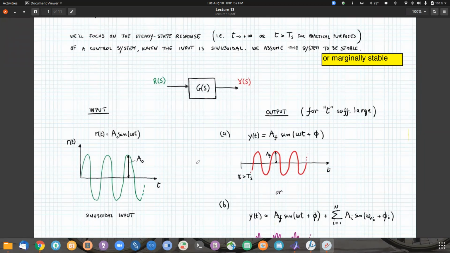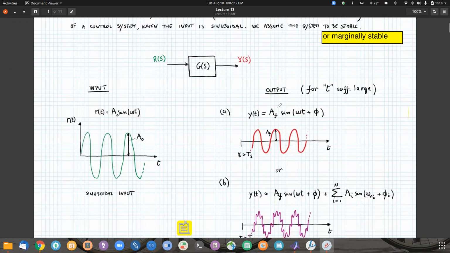All right, so when we consider these kinds of inputs, that is harmonic inputs, then the output for a system that is either stable or marginally stable can only be of 3 kinds. Case A, the first option: when the system is stable, the output is going to be a purely harmonic function as well.